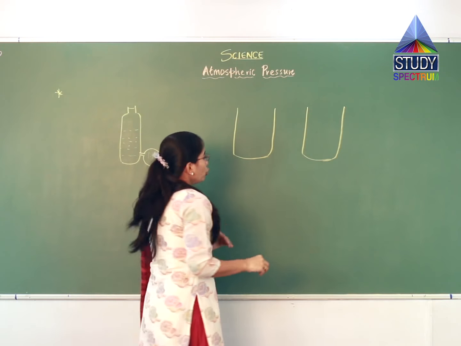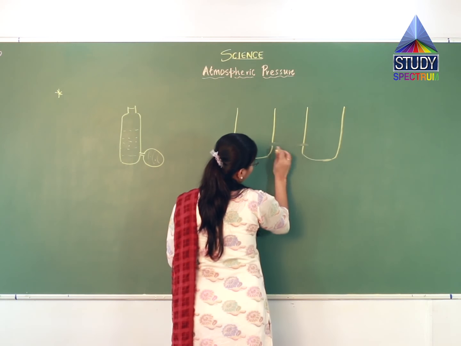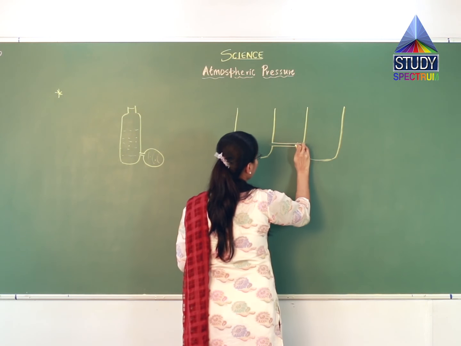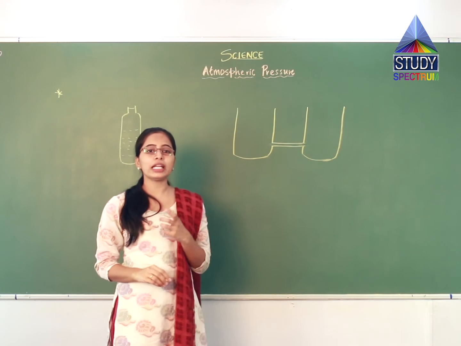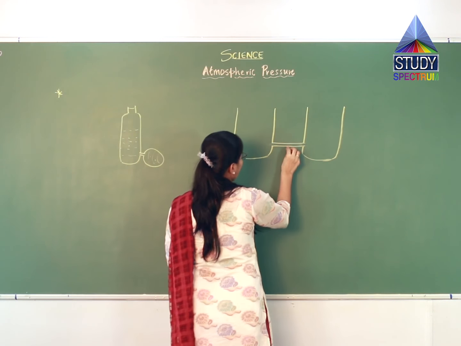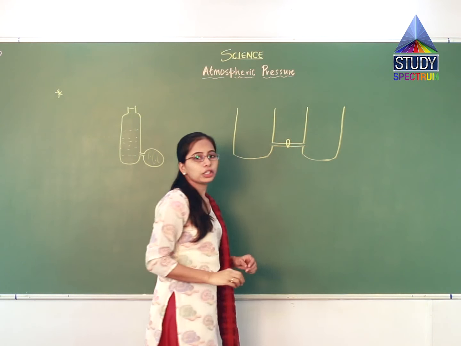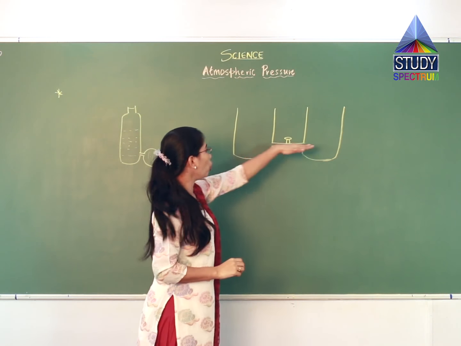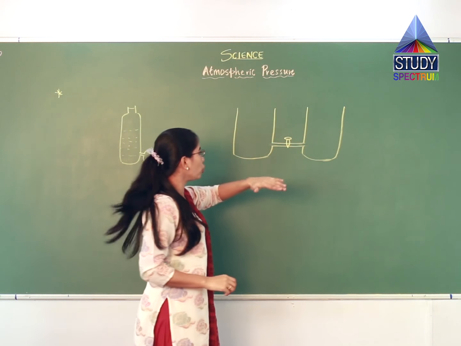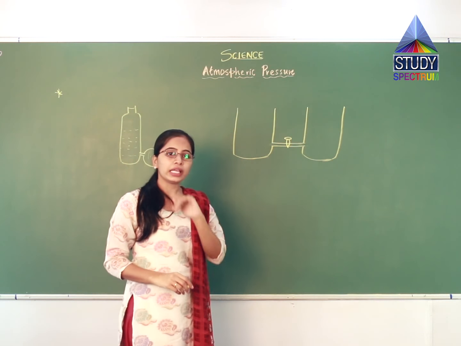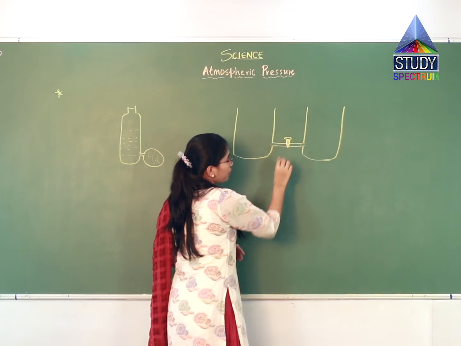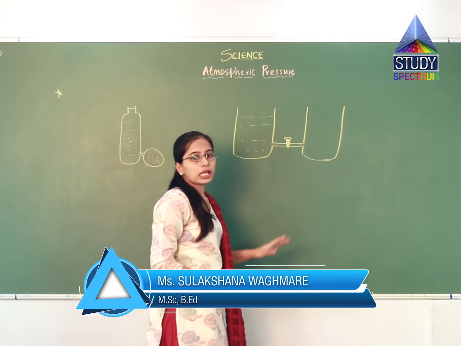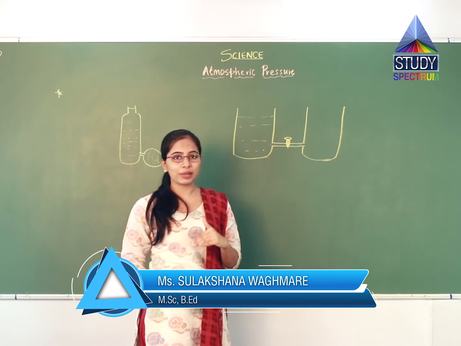Now you will join these two containers by making holes in them, and you will put one rubber pipe here, and on that pipe you will apply one clamp so that you can open or close the flow of the fluid, or you can control the flow of the fluid between these two containers. Now in the first case you will close the clamp and you will pour some water here. The second container is empty here.